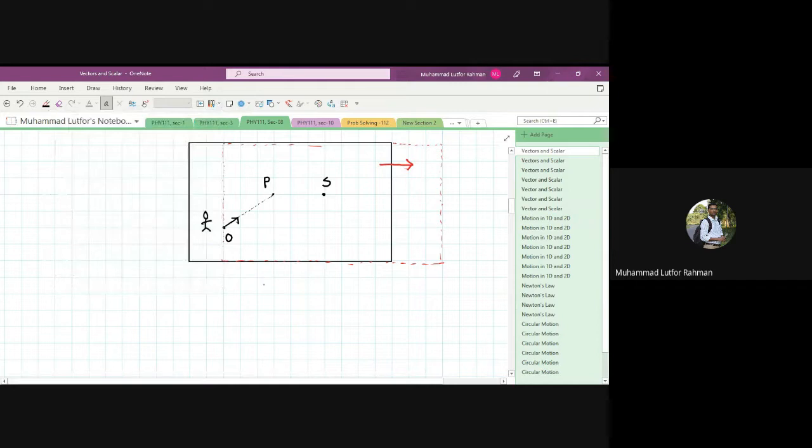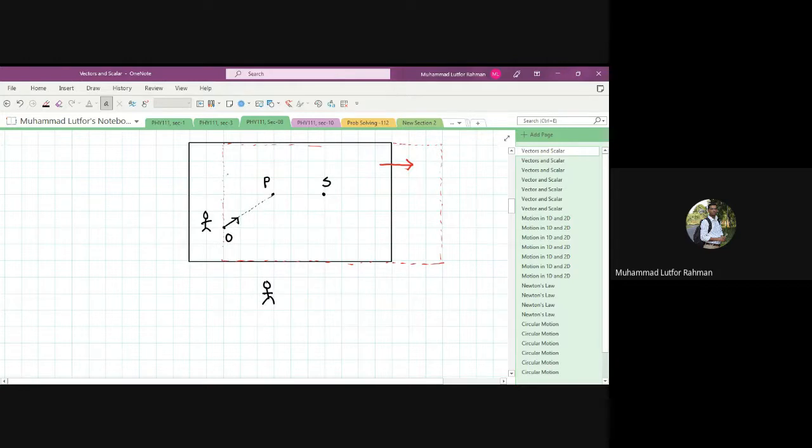So I'm saying from outside this table, although you are claiming that you are standing at the point P, you're right, definitely. But I'm saying that you are not at the point P, you are at the point S. Both of us are right. It's called relativity actually.